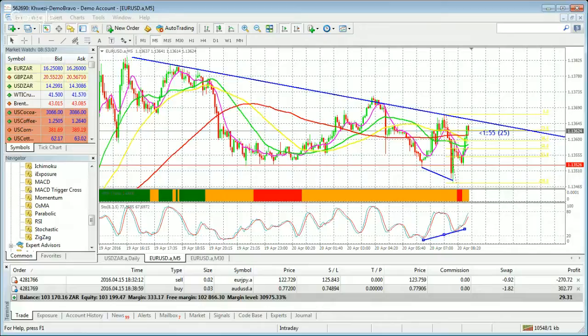Okay, another pullback downwards. Just gonna keep an eye on this. And if you look, this is going sort of sideways at the bottom. It's bouncing off the support level, but the highs keep getting lower.